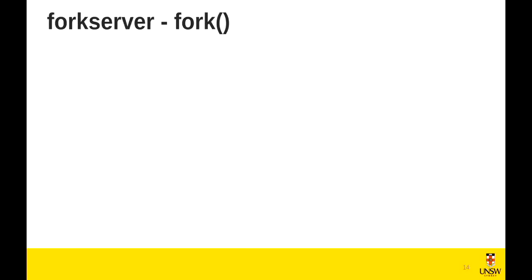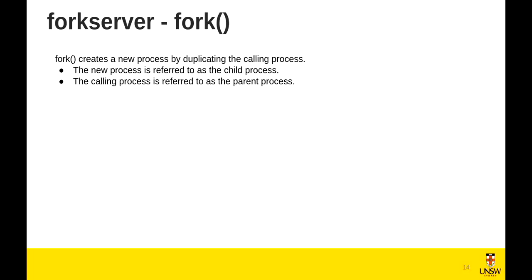The first type of instrumentation we are going to learn is the fork server. And the key of the fork server is a system call called fork. In a Unix or Linux system, the system call fork creates a new process by duplicating the calling process.